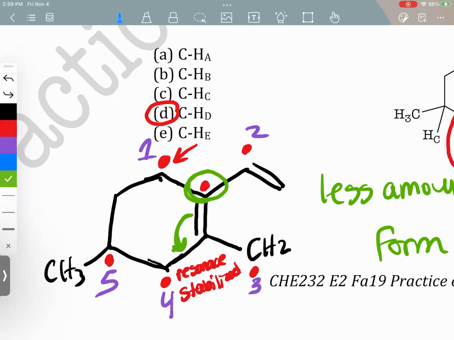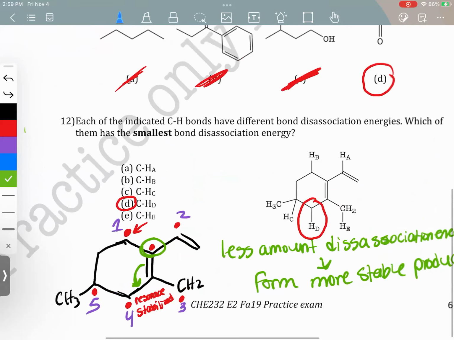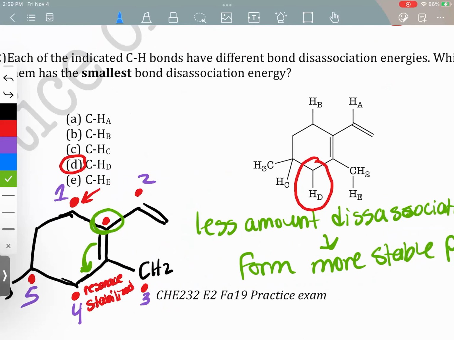But I have a question, right? Isn't number 1 like the carbon, the HB? Isn't that symmetrically, like directly opposite of 4? So wouldn't you just do the same logic for that? Honestly, you can use the same logic.